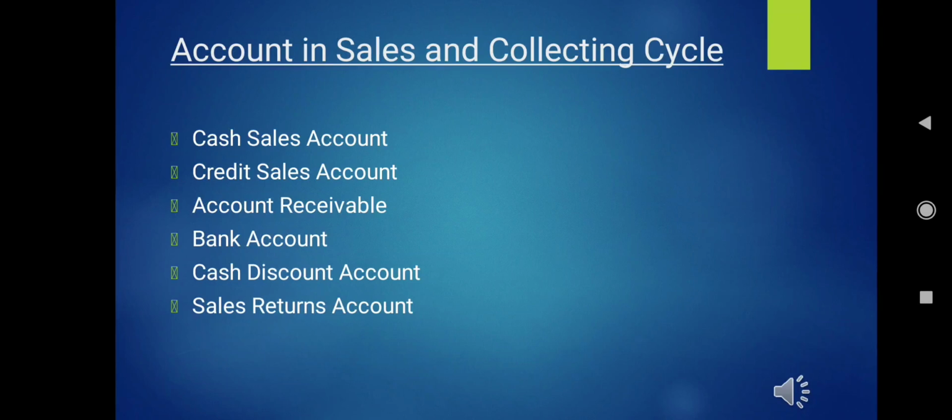So cash sales account and credit sales account will be used when the customer buys something in cash or in credit. For account receivable and bank account, they will be used to simplify the process of sales.